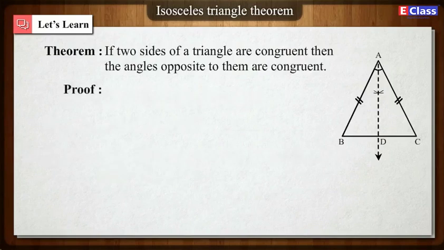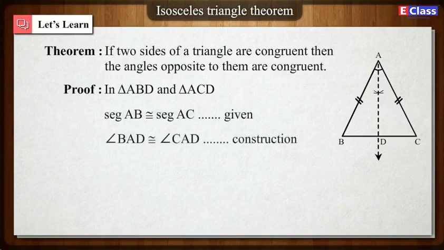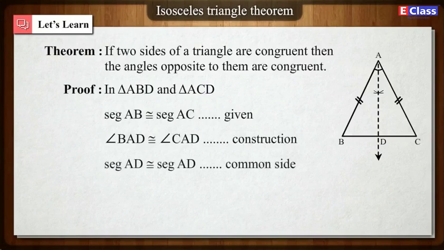Proof. In triangle ABD and triangle ACD, segment AB is congruent to segment AC, which is given. Angle BAD is congruent to angle CAD by construction. Segment AD is congruent to segment AD, as it is the common side.